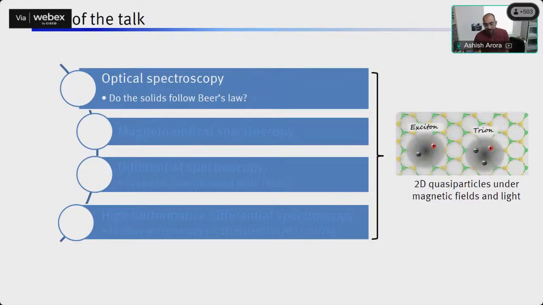In fact, the law says that the intensity of the light coming out of the material decays exponentially as the thickness is increased. Okay, the question is, does this law hold for solids?